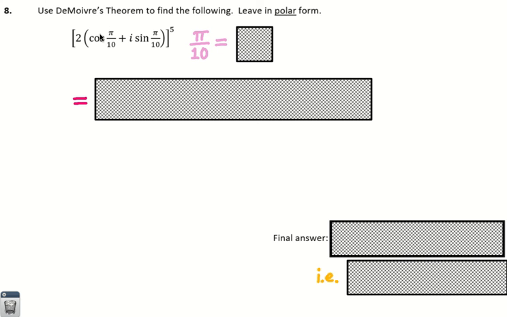Putting this in brackets and raising the whole thing to the 5th power is asking for the same thing. The first thing is that we would probably rather say what pi over 10 is in degrees, which is 18 degrees.